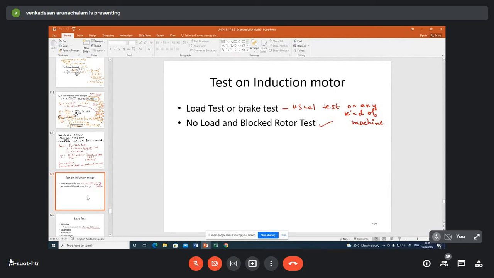So for various load conditions, how the induction motor is behaving. So that is the load test. Other name for load test is brake test. Performance of induction motor means we will be finding the efficiency. For various load conditions, what is the efficiency of induction motor? So that is the load test or brake test.